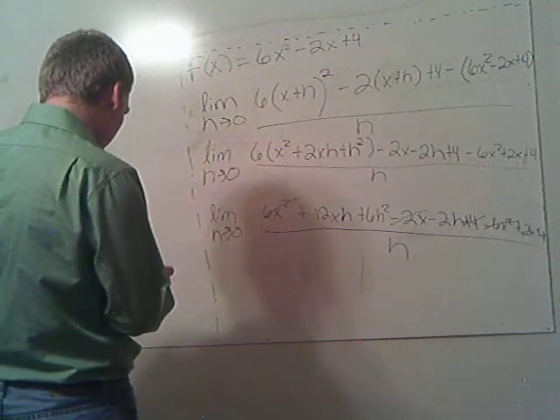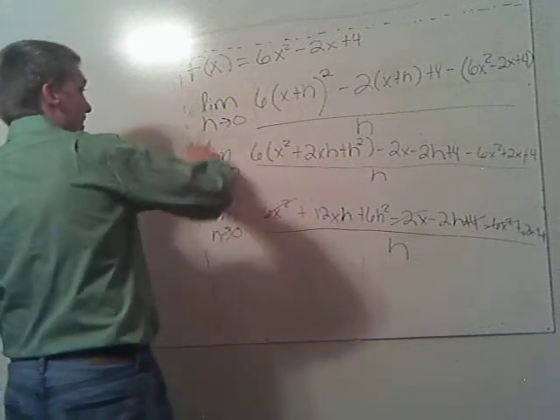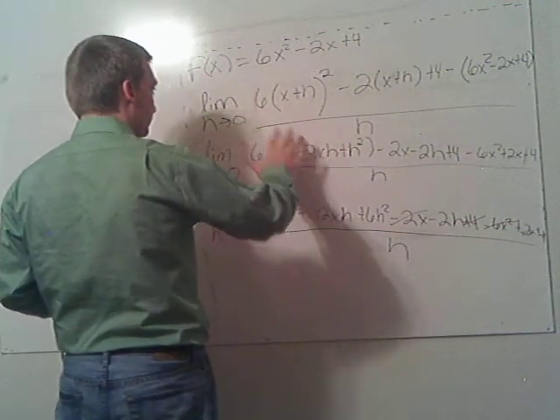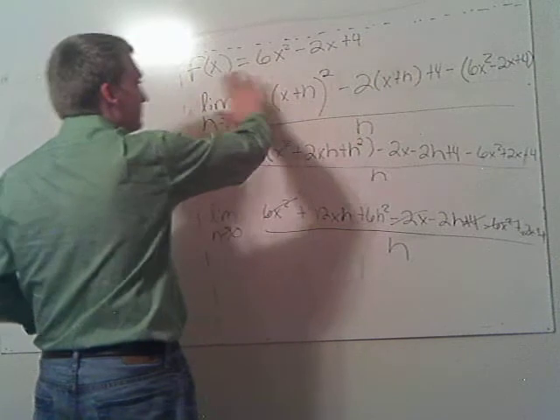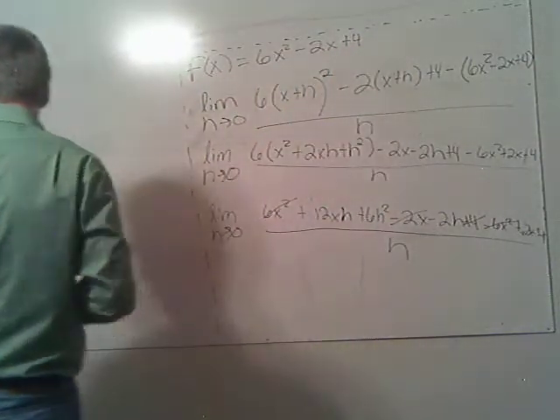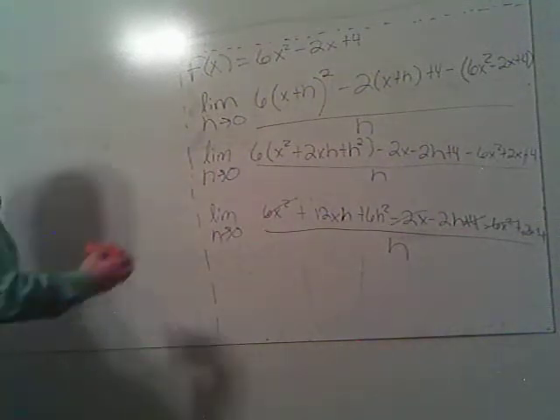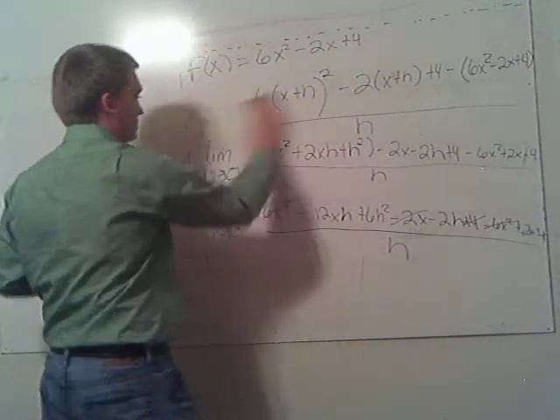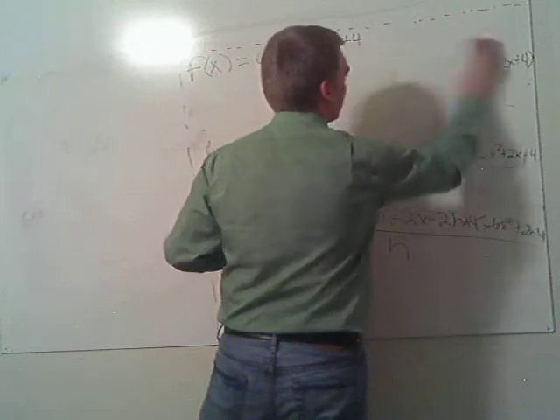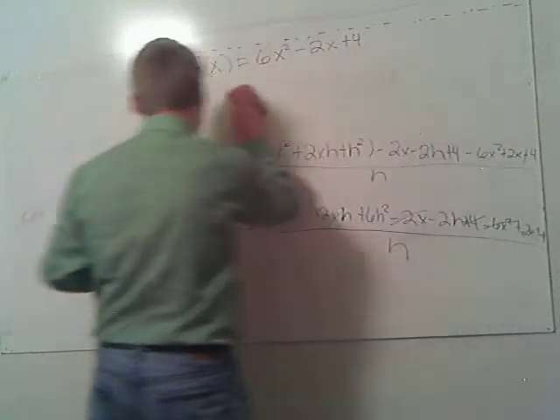So what you're left with, which I hope you have all written down, because I'm going to erase this top part, write what you're left with up at the top here.